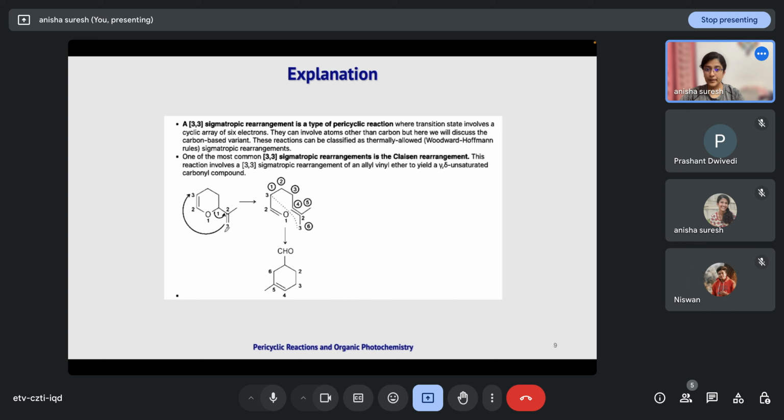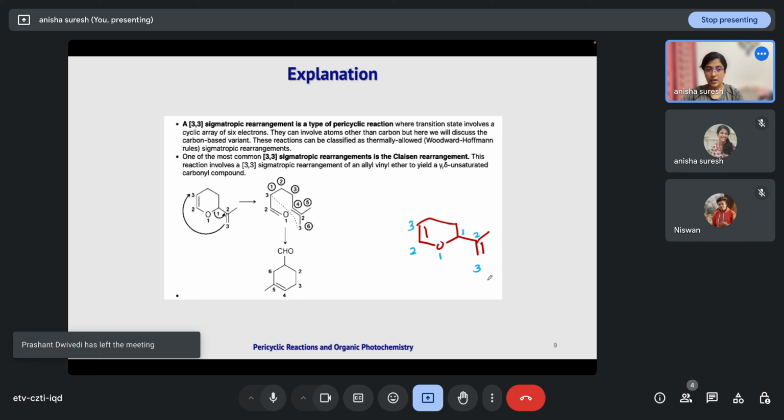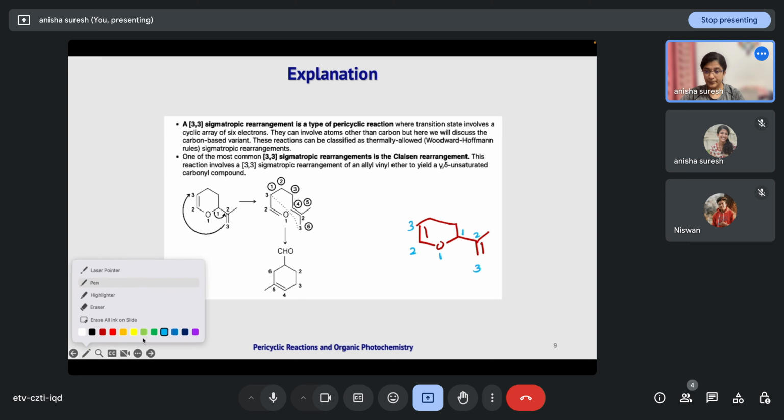So see here, I will draw separately. This is our starting material. We can give numbering to the carbons like 3, 2, 1, 1, 2, 3. Then a 3,3 sigmatropic rearrangement will take place. This carbon will attach to this carbon, this bond will shift here, and this bond will shift here.